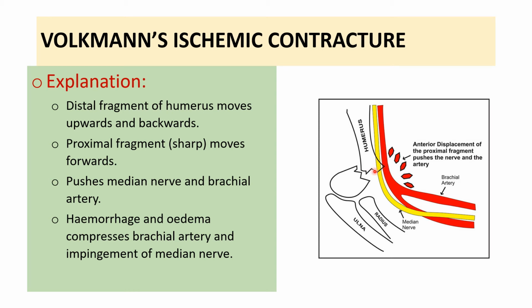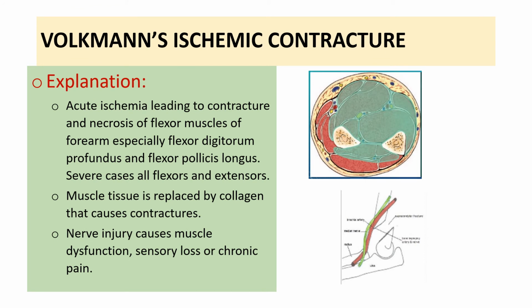And when it is moving forwards, it is pushing the median nerve and brachial artery, and this results in hemorrhage and edema that will compress the brachial artery and cause impingement of the median nerve. The acute ischemia leads to the contracture and necrosis of flexor muscles of forearm.